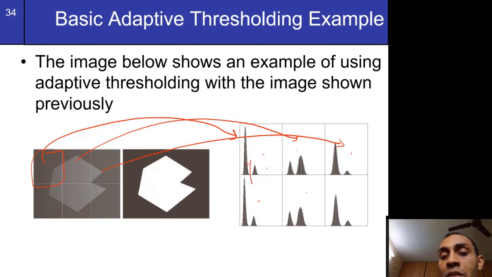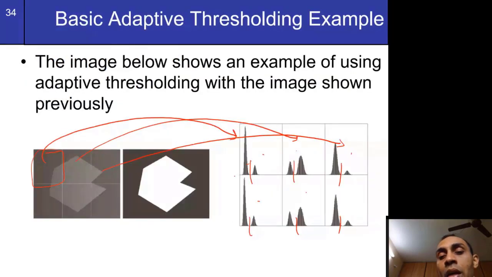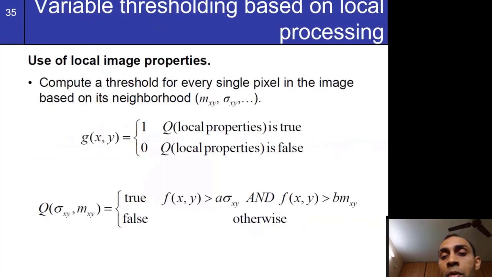So now within each you can apply Otsu's algorithm or simple thresholding to get a clear peak and a good threshold value, and using that you threshold each one. And this is the result of doing thresholding in each region independently. So even with a variable illumination, you may end up getting a good output.